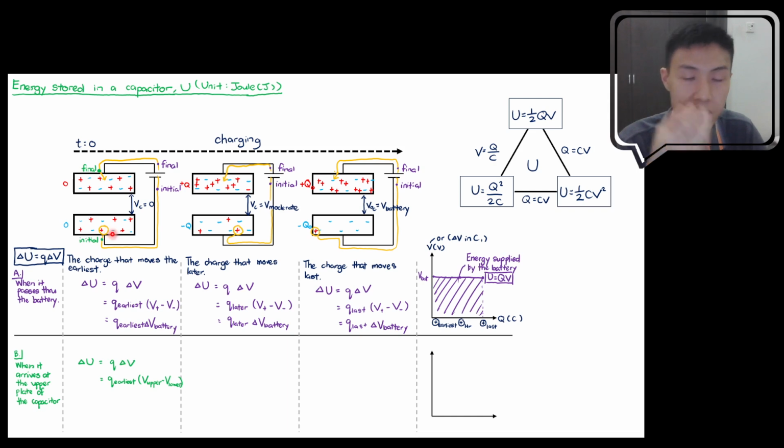So if you subtract, the difference will be equal to 0, right? Because it's equal to 0, you know that this is just Q earliest multiplied by 0. So technically, there's no gain in energy at all when the first charge moves from the lower plate to the upper plate.